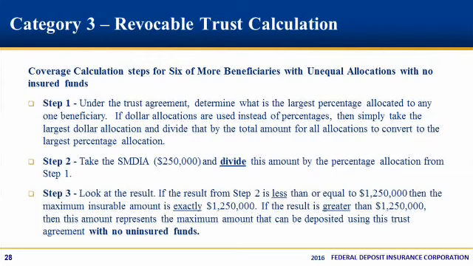If the amount of the calculation in step 2 is less than $1,250,000, then the maximum insurable amount is exactly $1,250,000. If the result is greater than $1,250,000, then this amount represents the maximum amount that can be deposited using this trust agreement with no uninsured funds.